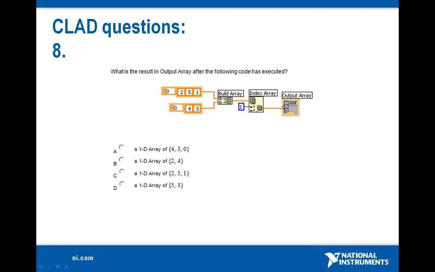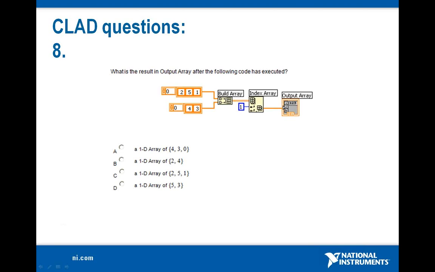It will take the maximum dimension of the arrays and pad the smaller array with zeros. So the output of the build array function will be an array with elements 2, 5, 1 in the first row and 4, 3, 0 in the second row. When this 2D array goes to the index array function, the indexed dimension is the second row.